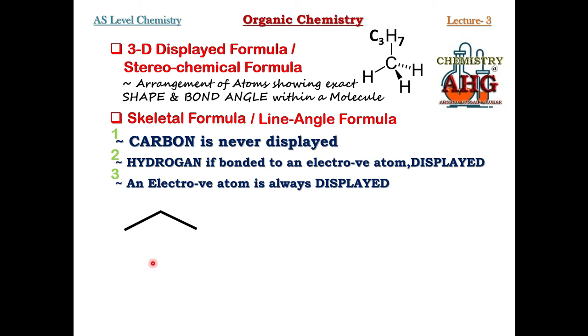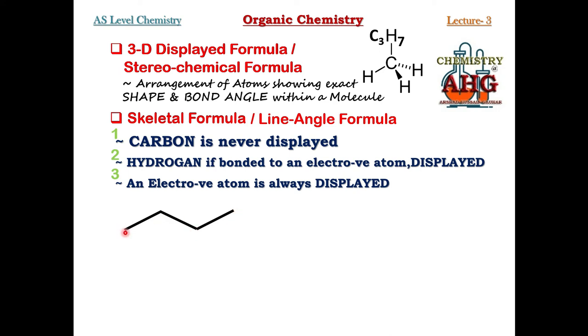If I place another slanting line, now you can count how many kinks and ends. 1, 2, 3, 4. So each kink and each end represents a carbon atom. So how many carbon atoms are there? 1, 2, 3 and 4.